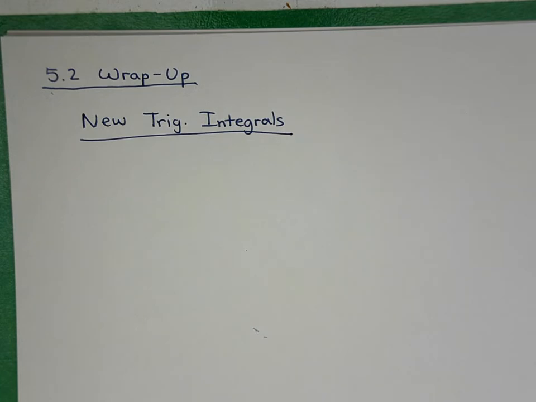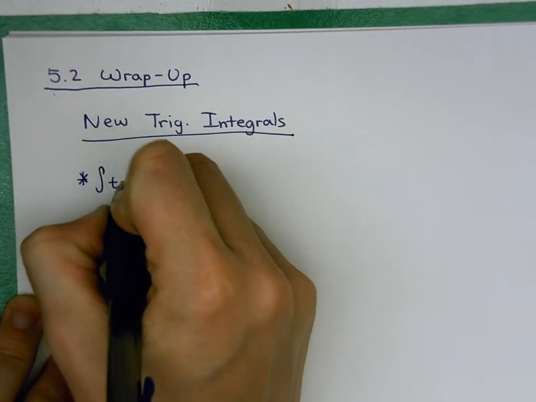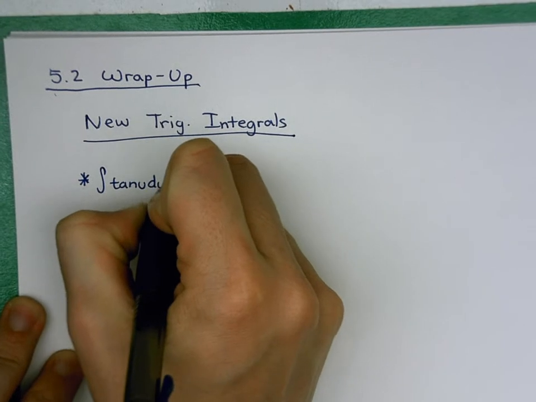We have a couple more here that we need to learn, 4 in particular that we're going to be looking at today. The first one is the integral of tangent u du.